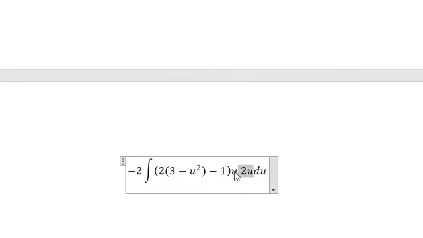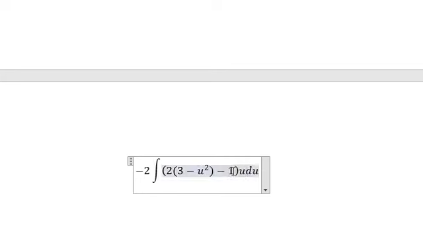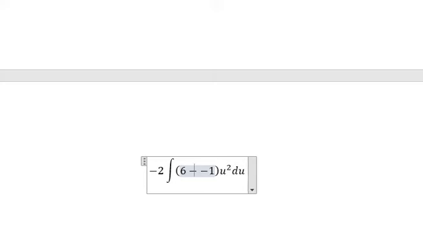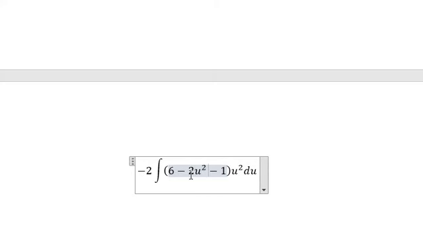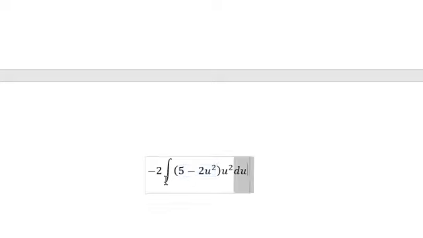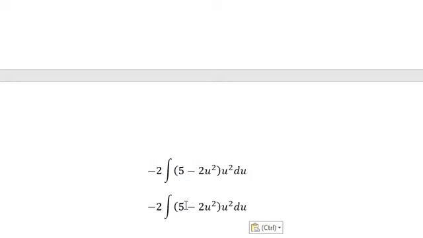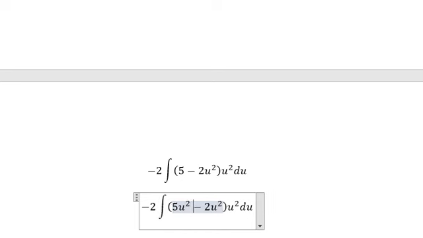U with u, you got u squared. This one you got 6 minus 2u squared. 6 minus 1 you got 5. This one you got 5u squared.